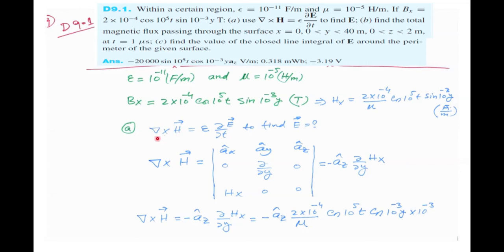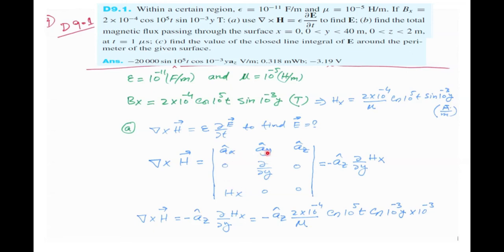Expand the left side of this equation in the rectangular coordinate system. In this case we have only one component of the magnetic field, and the H field depends on time as well as on y, a single variable in the rectangular coordinate system. That is why we have replaced partial by partial x by 0 and partial by partial z by 0.